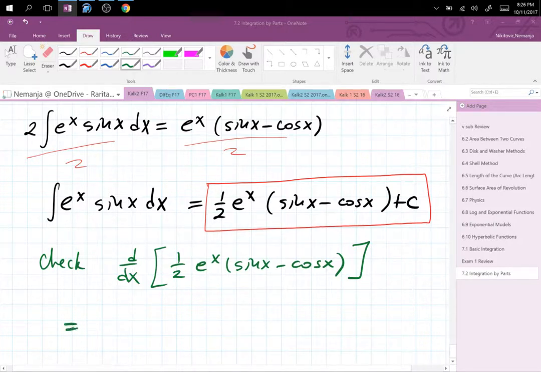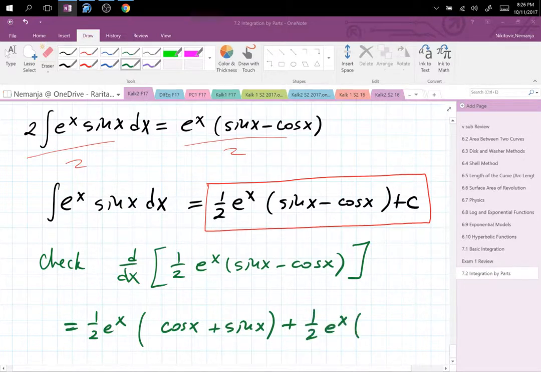So copy the first, which is 1/2 e to the x, times the derivative of the second, which is, derivative of sine is cosine x, and derivative of negative cosine is, exactly, very good, plus the derivative of the first, which is still 1/2 e to the x, and then copy sine x minus cosine x.